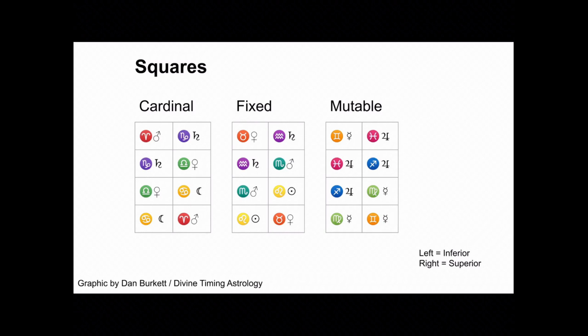I wonder if you could almost make an argument that you have sect leaders, with the Sun as the leader of the nocturnal sect and the Moon as the leader of the diurnal sect.